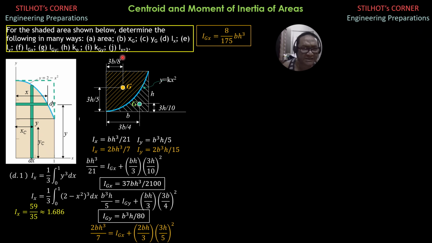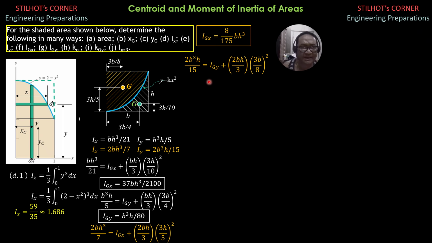This is Igy of the orange hatch section. The distance between the y-axis and the centroidal y-axis is 3b over 8, 3/8 of b. So 2 over 15 b cubed h equals Igy plus 2/3 b h times 3/8 of b quantity squared.